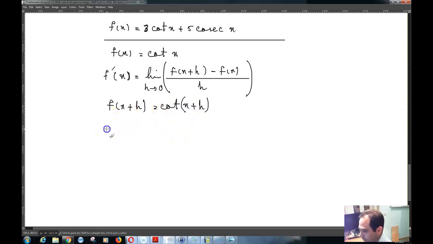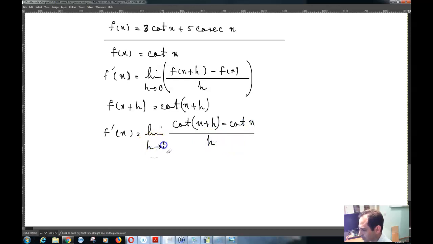So then f prime of x is going to be equal to the limit of cot of x plus h minus cot of x over h as h tends to 0.